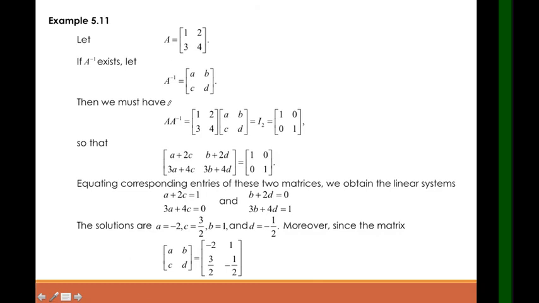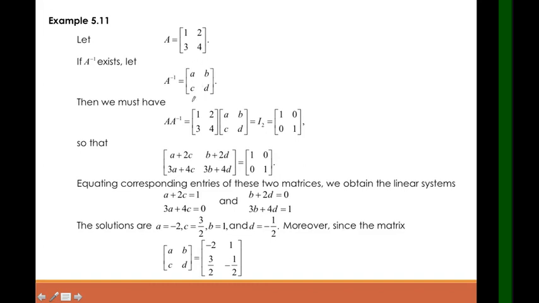At ito yung inverse niya, negative 1. Okay. So we have A, B, C, D, inverse. A, B, C, D.